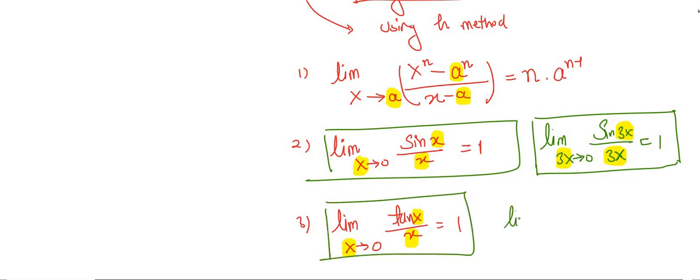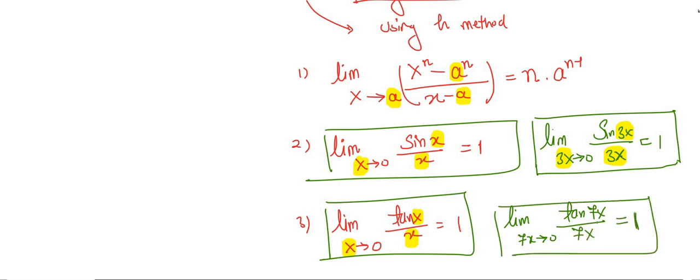Suppose instead of this you have limit 7x going to 0, then it should be tan 7x by 7x, then it will be 1. So this is a different formula. I hope you understood. Please copy it. If these three things are matching, then the formula is valid. Write down all three formulas.